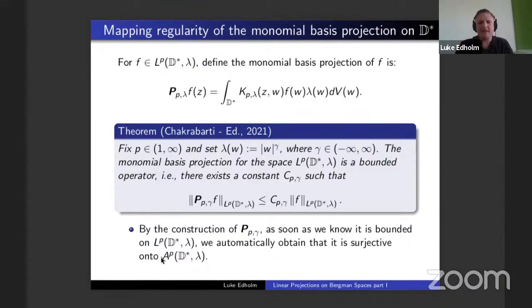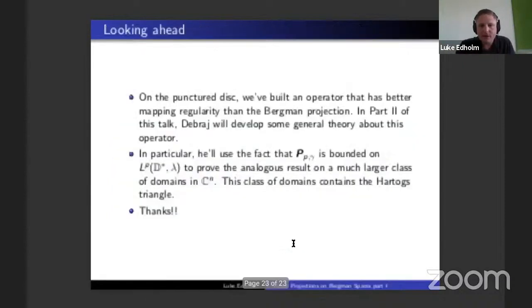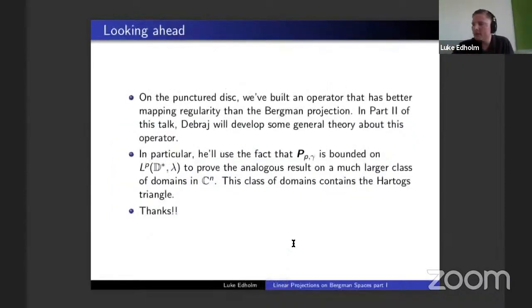We immediately obtain that it's surjective onto the space, because remember, we built this kernel by making sure to include all of the monomials in that space. And so this lets us get past the deficiency where it's not reproducing the space that we're projecting onto. So, perfect.